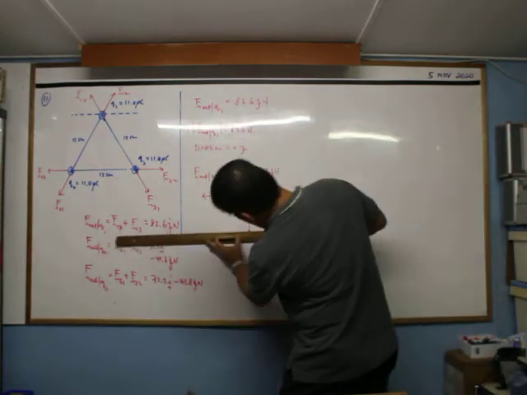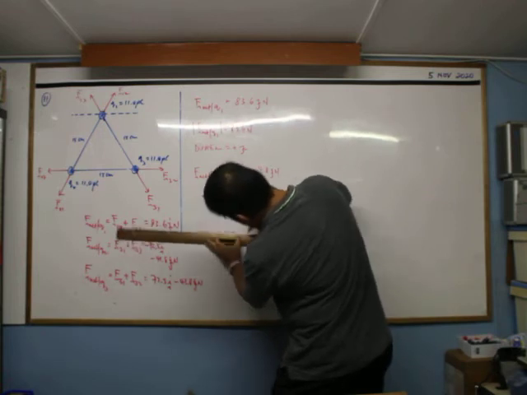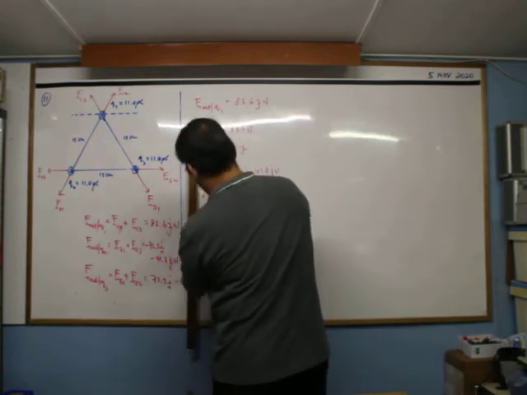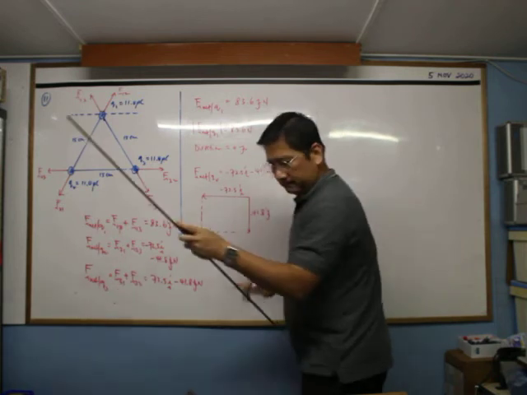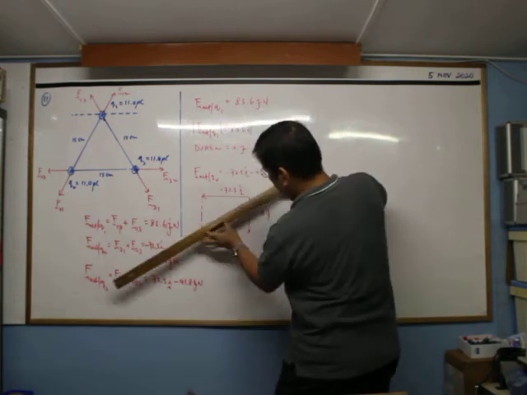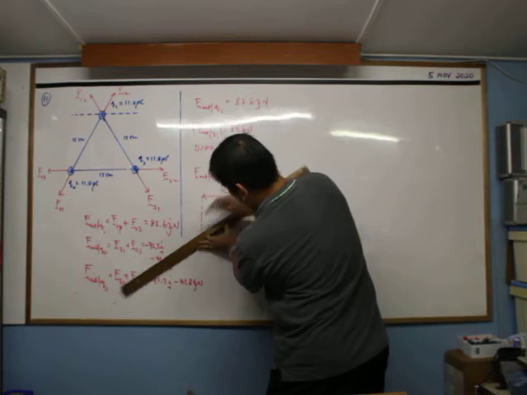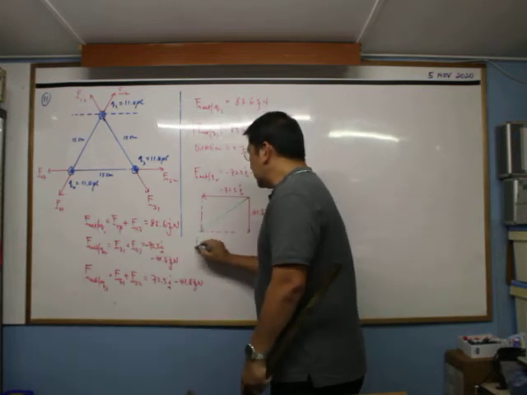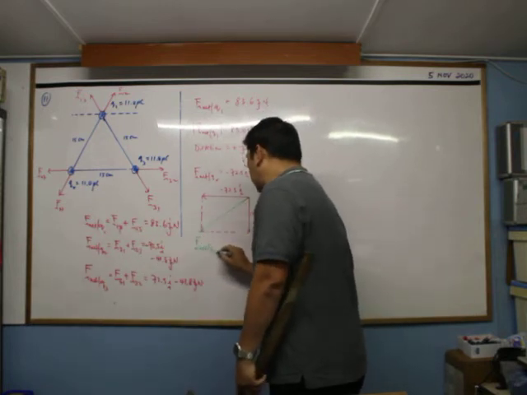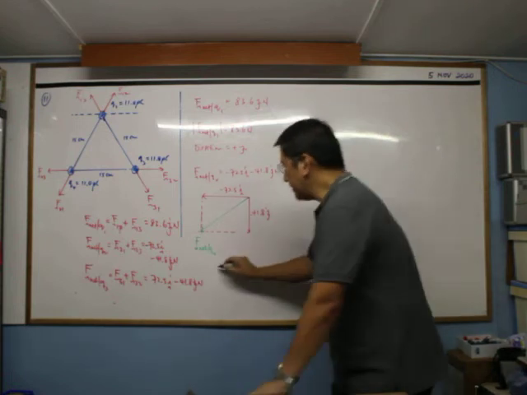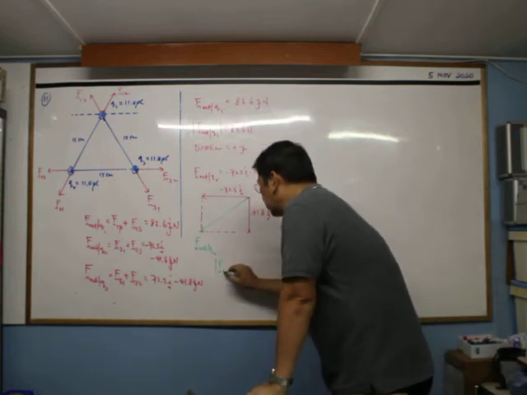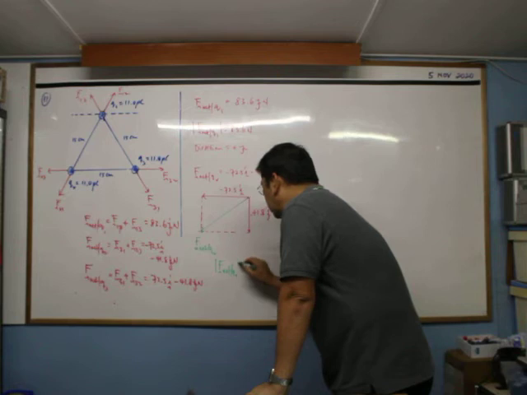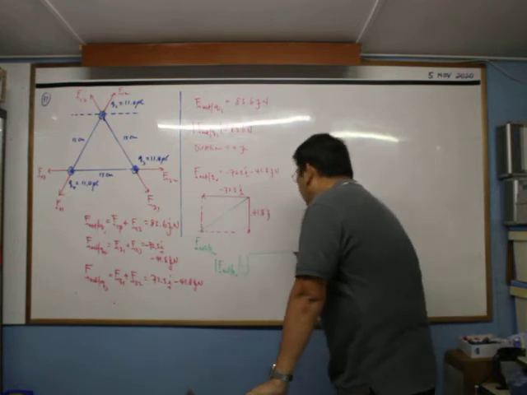And then when we combine both of them, you're going to get this. This is the net force on Q2. To get the magnitude on Q2, you need to use Pythagoras theorem.